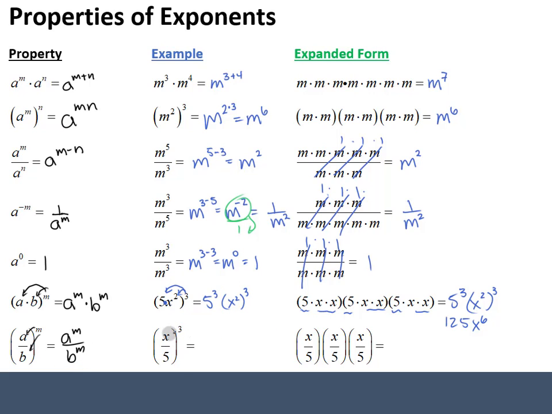So as we can tell here, if I had this quantity to the third, and we did it times itself 3 times, when you multiply fractions, the top times the top times the top, bottom times the bottom times the bottom, and we can see they both became cubed. And of course this, cubed, would become x to the third over 125 if we wanted to calculate that out a bit.